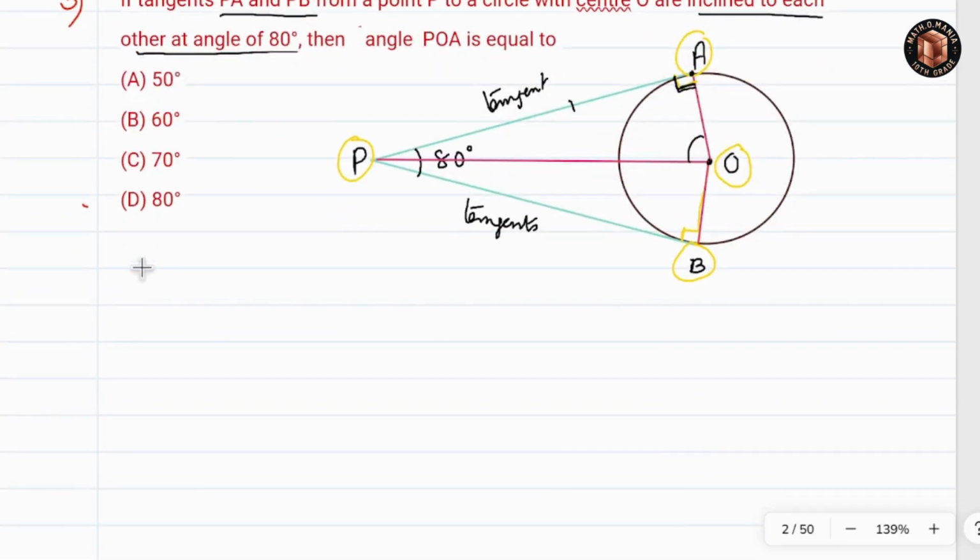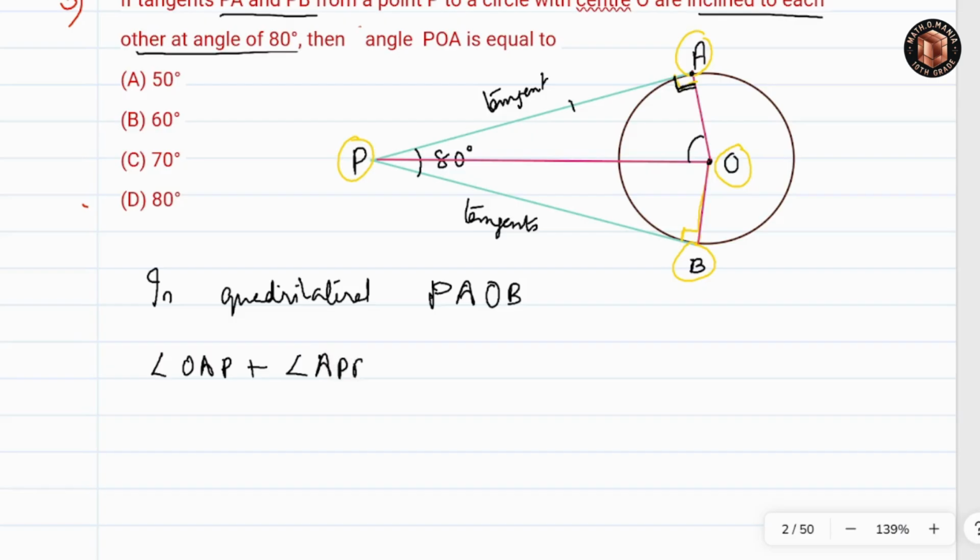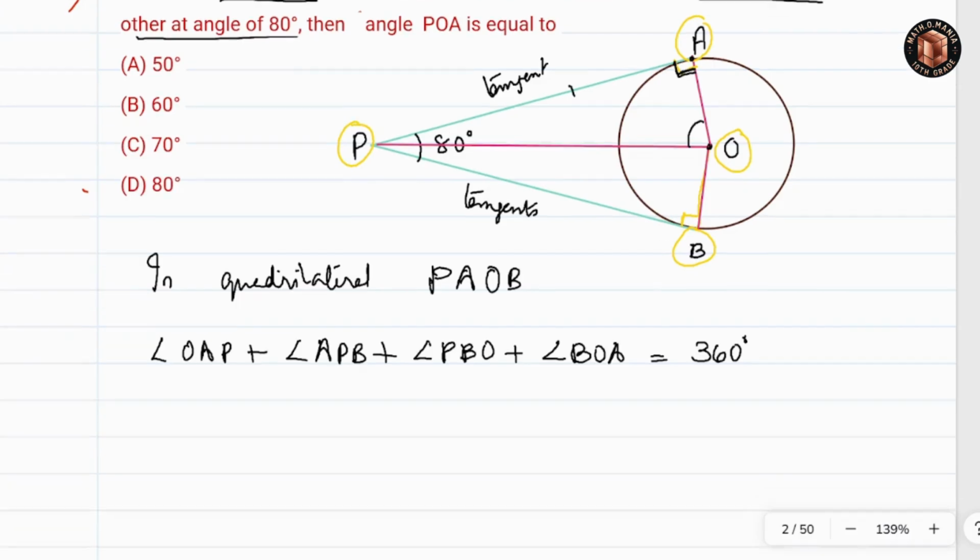Now first we will write in quadrilateral PAOB, we can say that angle OAP plus angle APB plus angle PBO plus angle BOA is equal to 360 degree. We know that as per the angle sum property of a quadrilateral, the total sum of the angles of a quadrilateral will be equal to 360 degree, right?